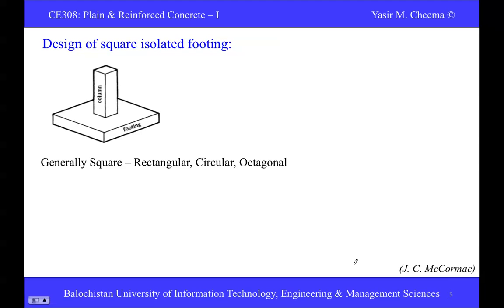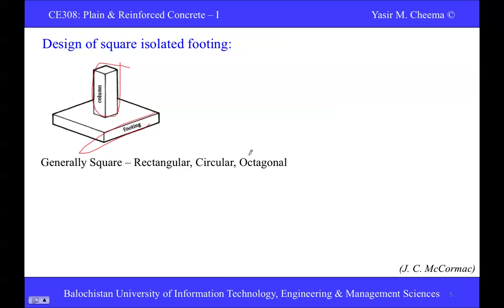That's very simple: only one square footing and one rectangular footing. For isolated footing, you see this one is a column. For this column, the footing can be square or rectangular. For this kind of column, the footing can also be circular or octagonal.